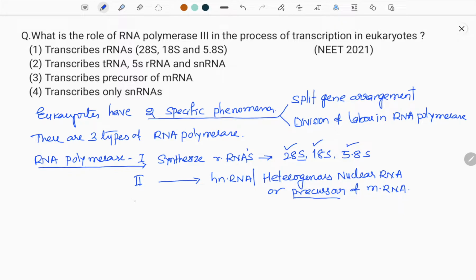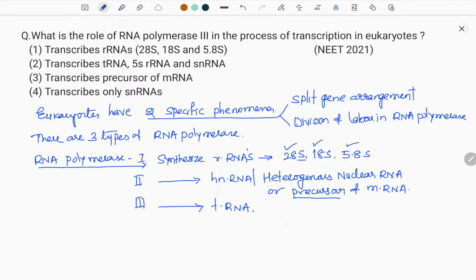Let us see what RNA polymerase 3 does. RNA polymerase 3 synthesizes three molecules. One is tRNA, that is transfer RNA. Remember, it is the first discovered RNA. It is called soluble RNA, the smallest RNA.